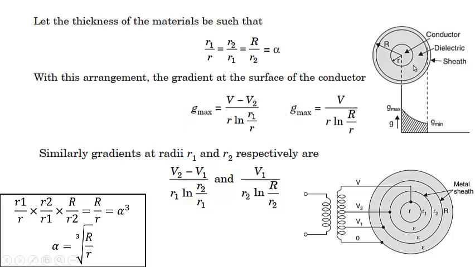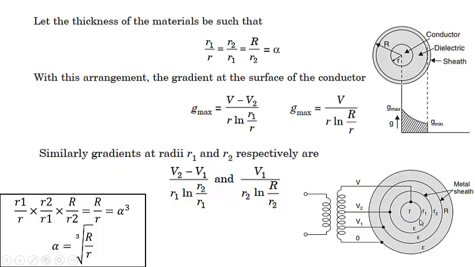Actually, we have used this equation. Earlier, we were having this type of cable where G max was V divided by r ln of R by r, where V is the total operating voltage, r is the conductor radius, and R is the radius of the cable. So when we find G max from this point to this point, it comes out to be this. Here our interested thickness is only from r to R1.